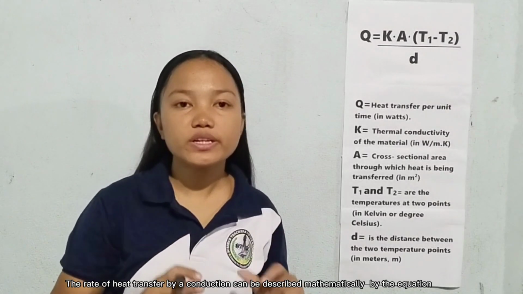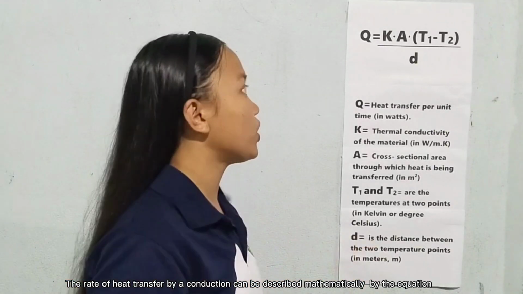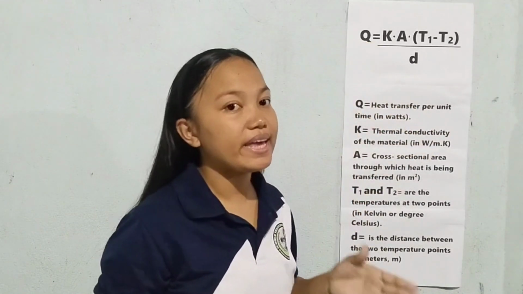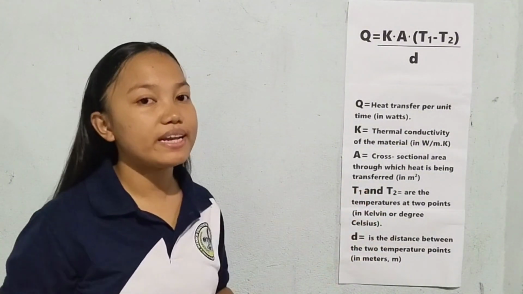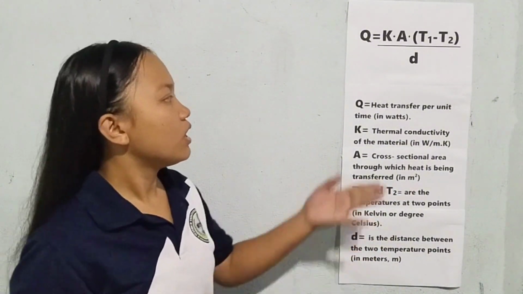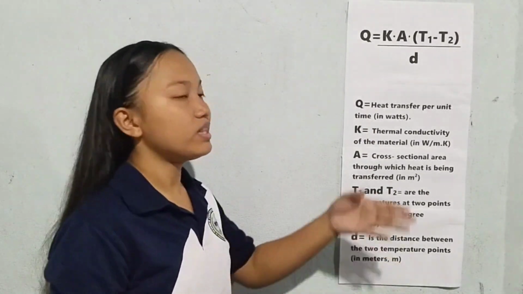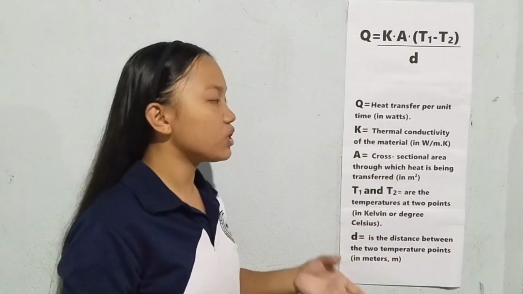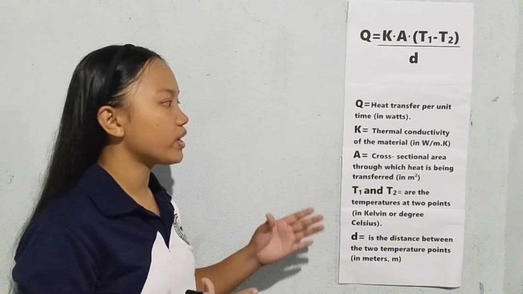The rate of heat transfer via conduction can be described mathematically by the equation Q equals K times A times (T1 minus T2) divided by D, wherein Q is the heat transfer per unit time with the unit in watts. K is the thermal conductivity of the material with the unit in watts per meter Kelvin.